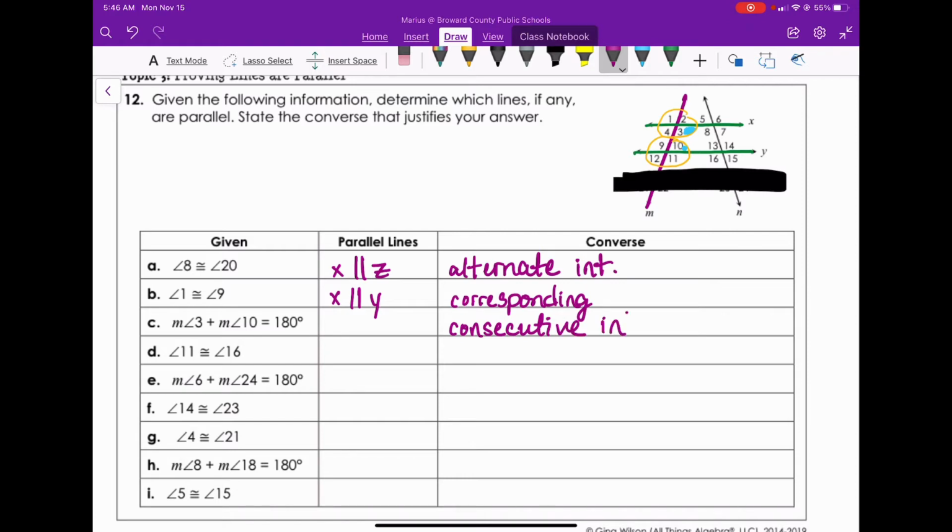And once again, that would make line X parallel to line Y.